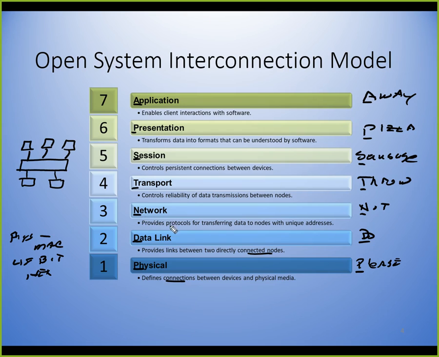The network layer has protocols for transferring data to nodes with unique addresses. And you say, okay, you just told me that the physical address was unique. It is. And we also have this network address, this IP address. The IP addresses can change, and they do change. They don't change real frequently, but they can and do change.